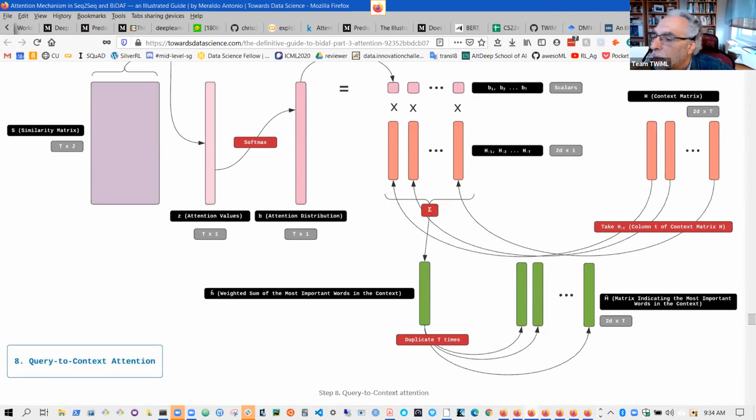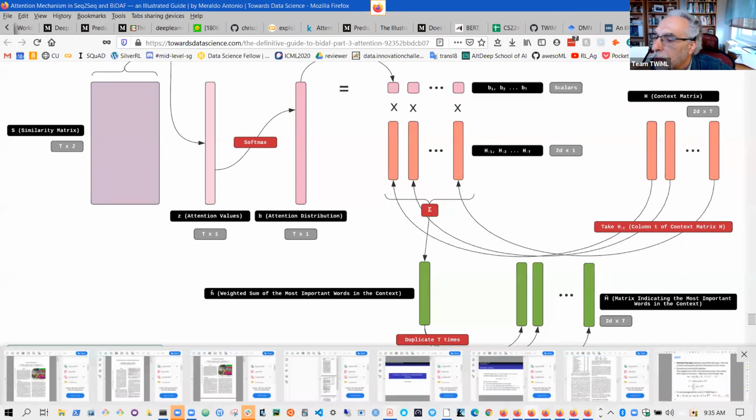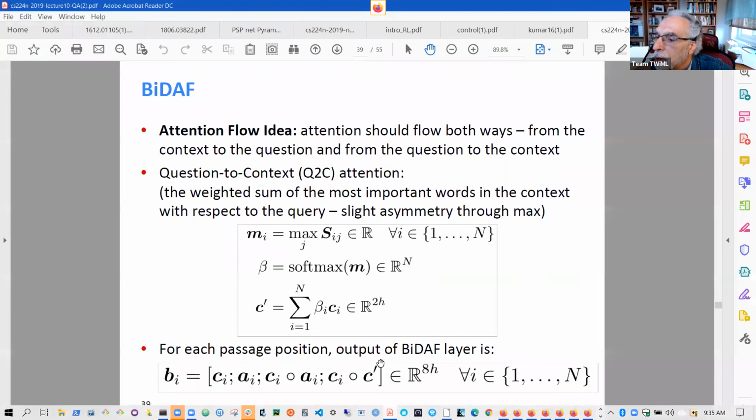And let me go back to that Stanford lecture. Yeah. So here are the attentions that we calculated, and now we multiply each context vector by its corresponding attention, which is the softmax probability. Add those all together, and then we get this vector, which in this Stanford lecture he calls C prime.